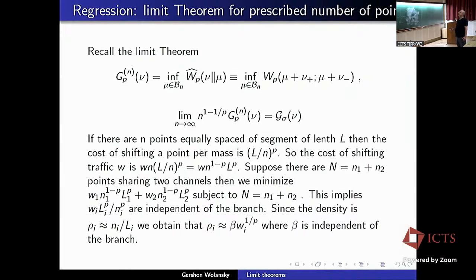So the limit problem that I described before gives you this functional over all graphs. Here we minimize over all measures which are supported on n points and take the number of points to infinity.